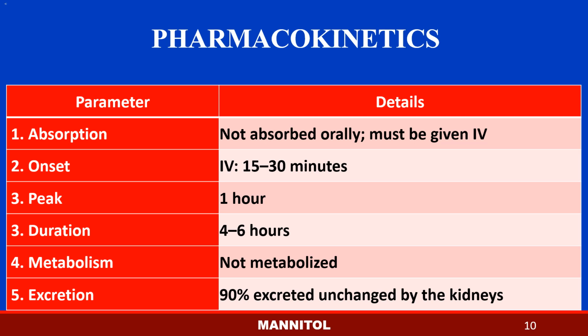Mannitol's effects typically peak about an hour after it is given. 4. Duration. 4 to 6 hours. The effects of mannitol usually last for several hours. 5. Metabolism. Not metabolized. Mannitol isn't broken down by the body. 6. Excretion. 90% excreted unchanged by the kidneys. Most of mannitol is removed from the body through the kidneys in its original form.